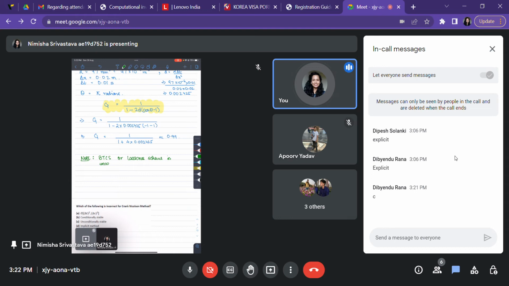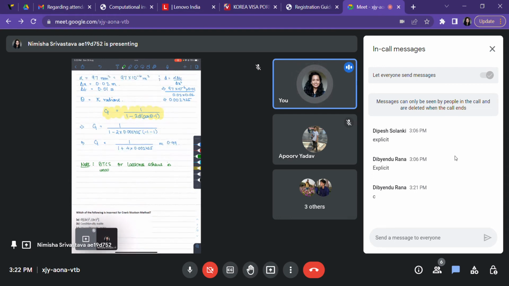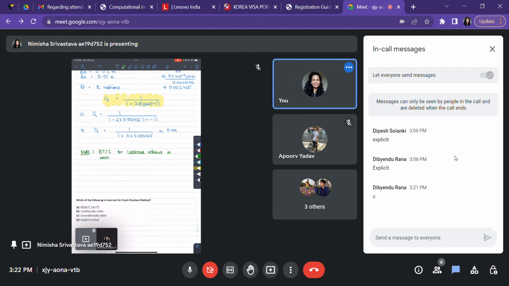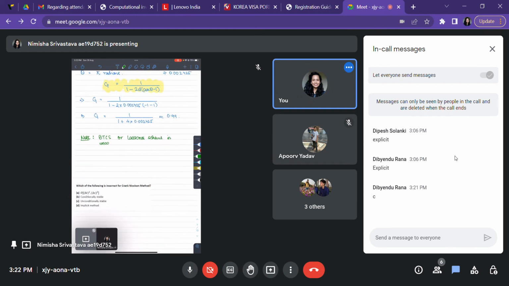That's because this expression for G is always going to be less than 1. Why? Because from 0 to pi we always get a small fraction. So it's unconditionally stable. This is something that's already been covered in class.